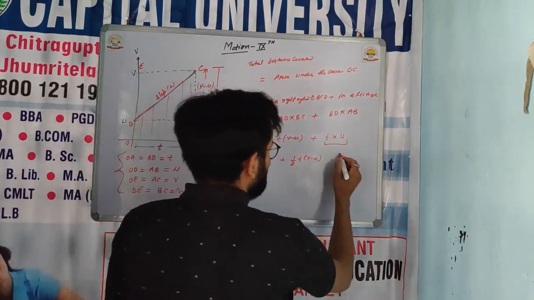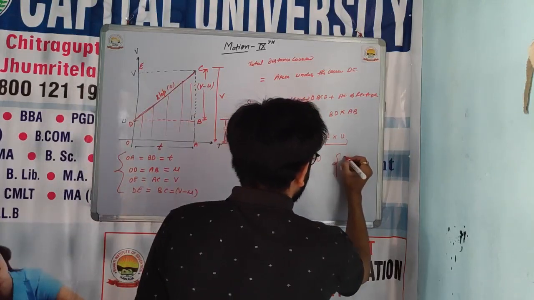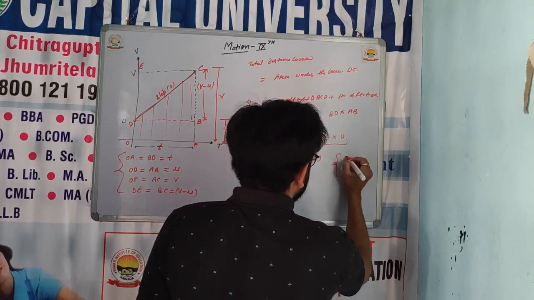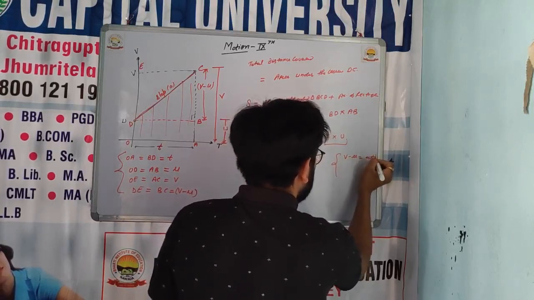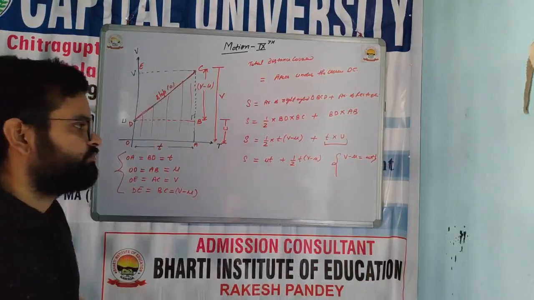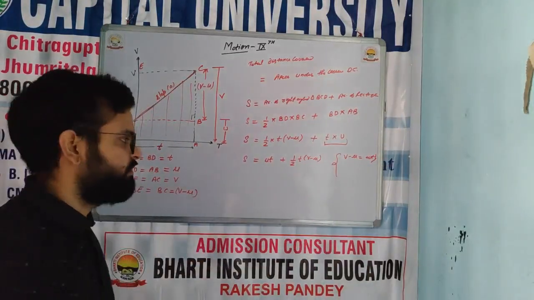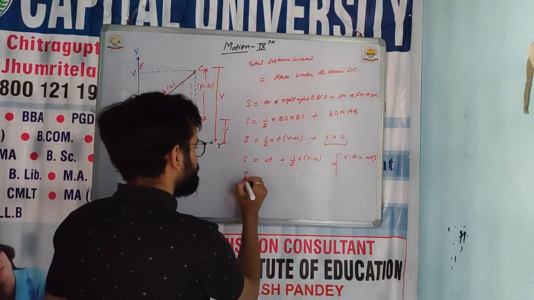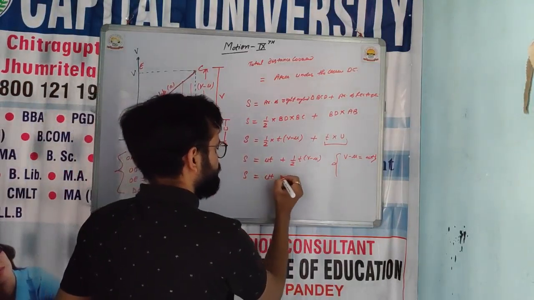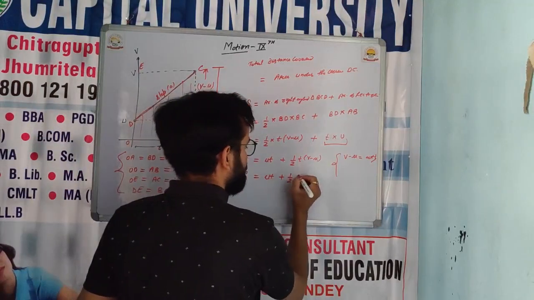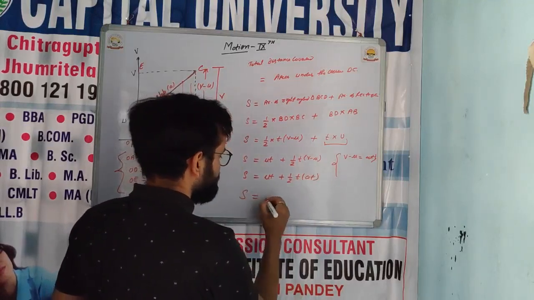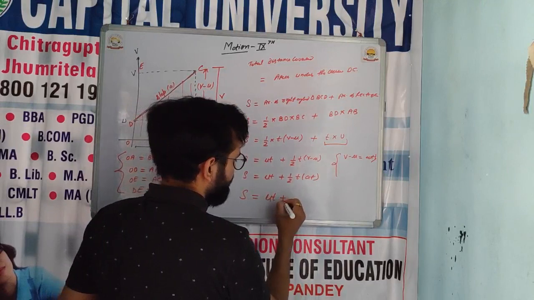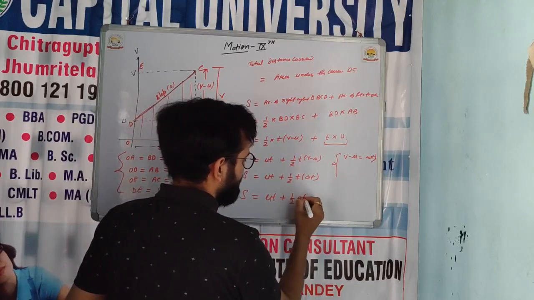Now by using the first equation, V minus U equal to AT, from the first equation of motion which we have already derived. So S equal to UT plus half T into AT, and finally we have S equal to UT plus half AT square.